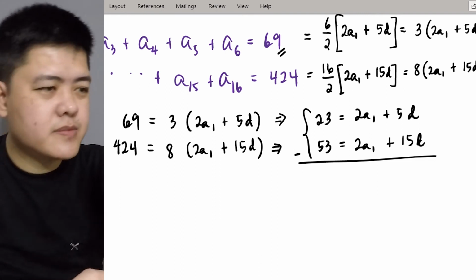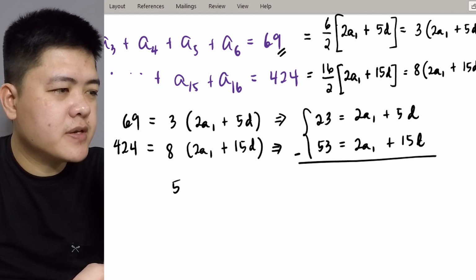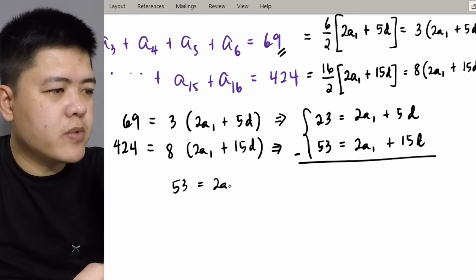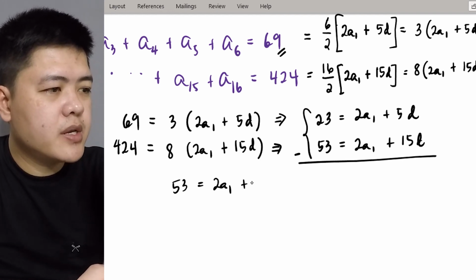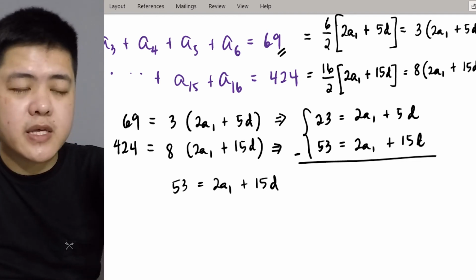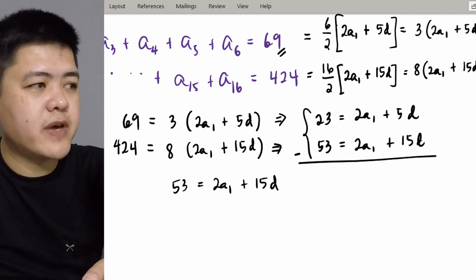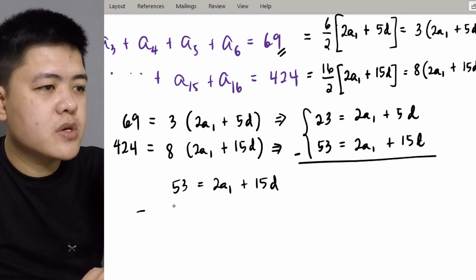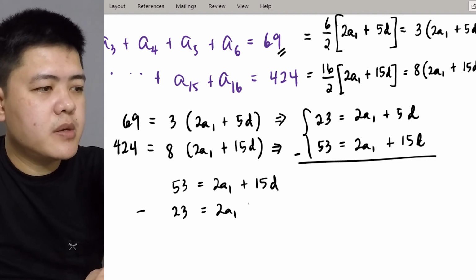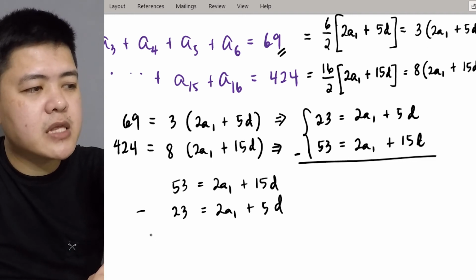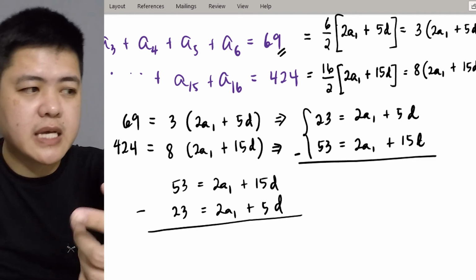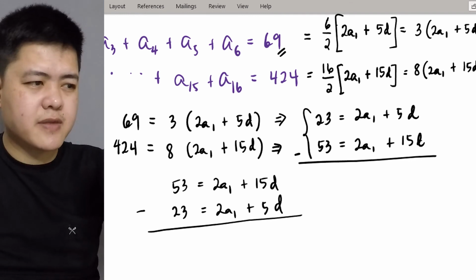Gawin natin 53 equals 2a sub 1 plus 15d minus 23 equals 2a sub 1 plus 5d. Baliktad ko lang kasi mas madaling mag-minus. Mas mataas kasi yung nasa baba.